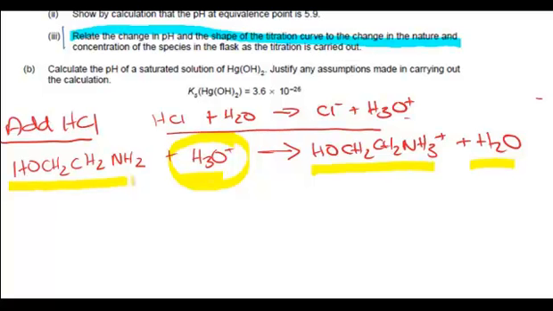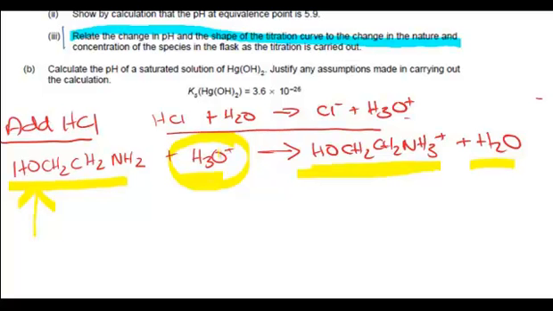We do have both species present. Once we start adding H3O+, we get more of the conjugate acid being produced. So we're just going to talk about how this reaction proceeds, where we're going to gradually go from having large amounts of the weak base, and less of it as we add the H3O+.